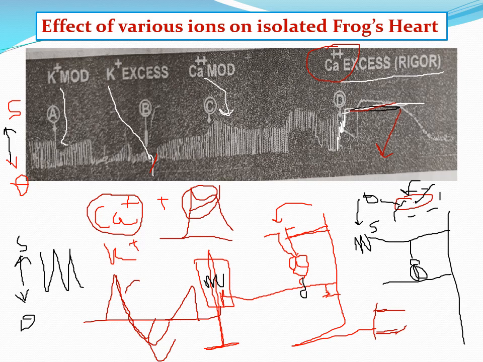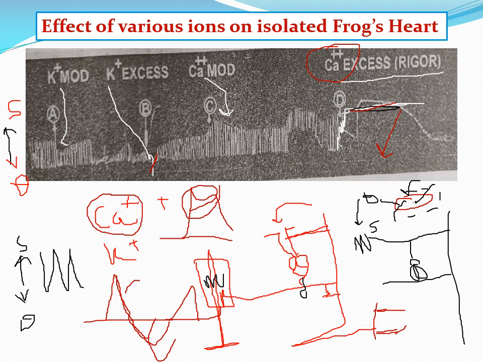Then also osteomalacia; in this condition you can see hypocalcemia. Then it is also seen in hypothyroidism, acute pancreatitis, and chronic renal failure.